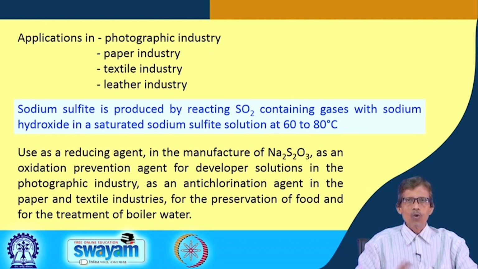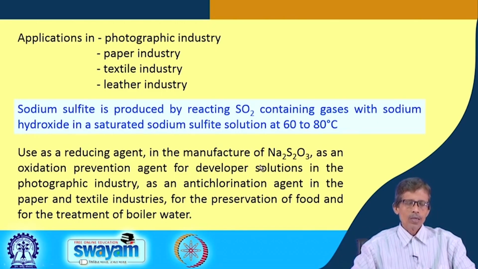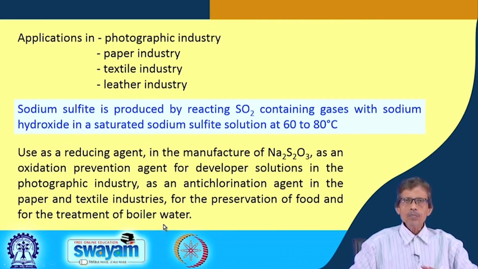So you simply go for a typical reduction reaction using these sulfur based salts. They are also useful for the preservation of food material, in food chemistry, and in the treatment of boiler water.